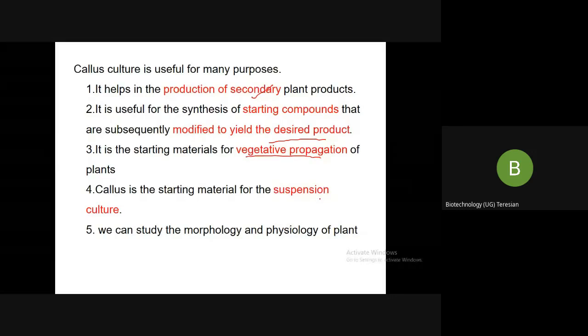Suspension culture consists of the friable callus, that is single cell callus. By using the single cell callus, I can study the morphology and the physiology of my plant. I can see what biochemical reactions are happening, how a root is growing, how a shoot is developing, and what cellular metabolites are present in that plant. All this I can study by using the callus culture.